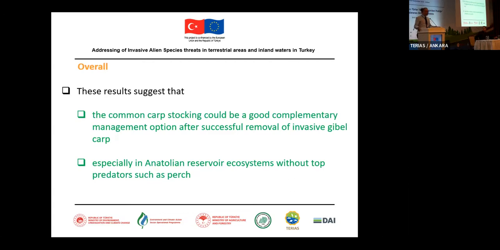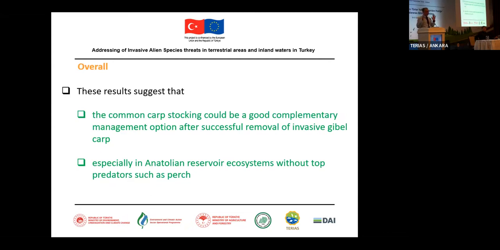Eradication is almost impossible. In some cases for common carp it was possible, based on Rob Britton's talk, but I don't believe it is possible for gibel carp in Turkey, for instance.